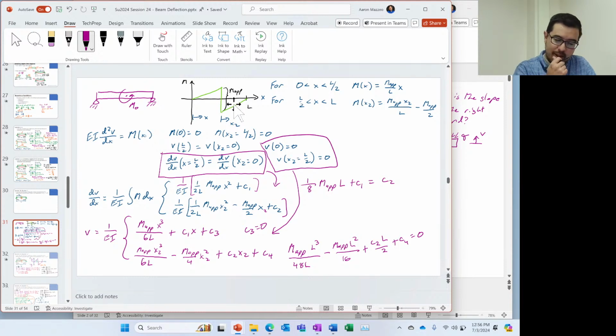Unfortunately, yeah. Because this expression doesn't really describe what's going on over here. This expression doesn't really describe what's going on over there.